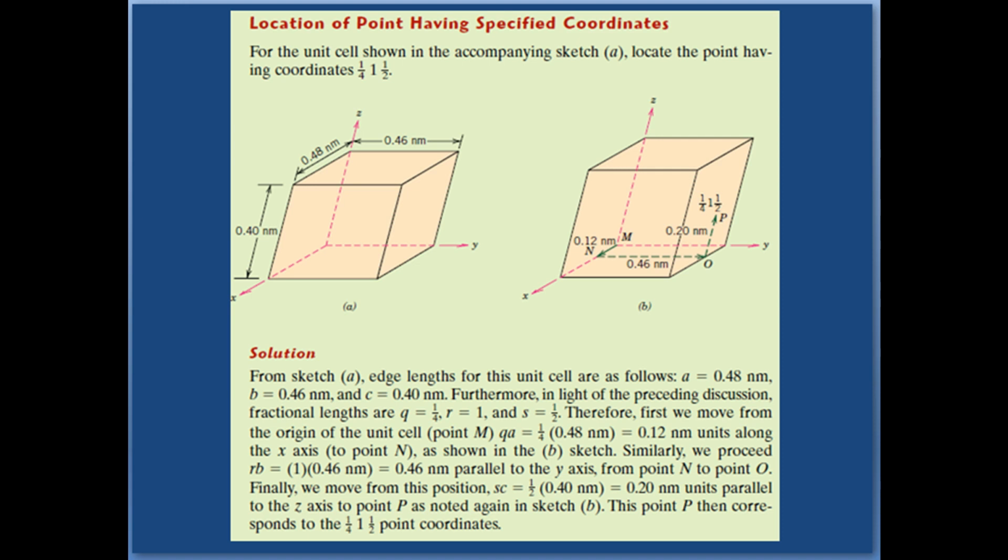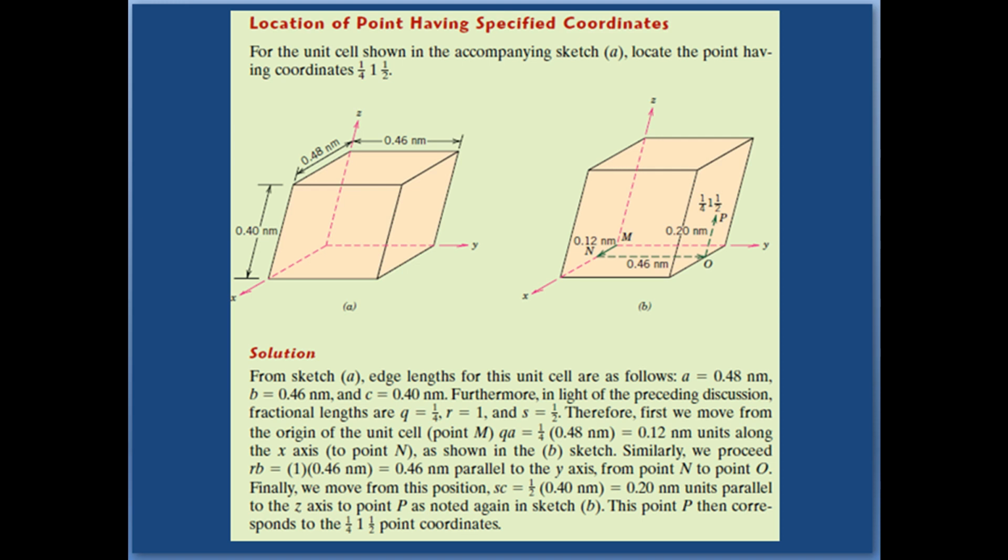Figure A shows the unit cell, where the lengths of the edges are 0.48, 0.46 and 0.40. According to these unit cell edge lengths, you are supposed to determine the point P in this unit cell.